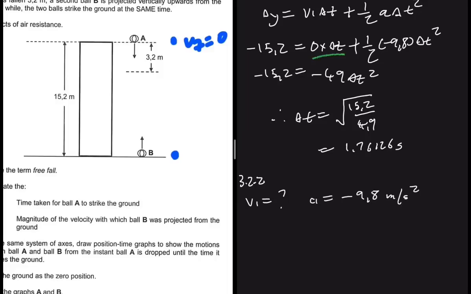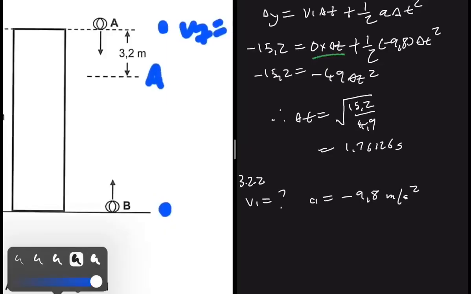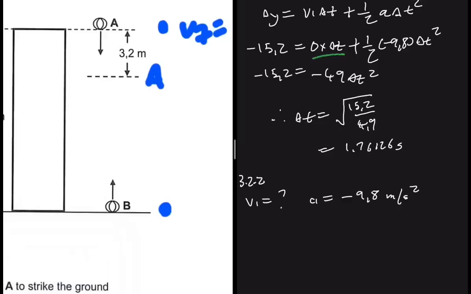And then another thing we can calculate is the time for the motion of ball B, right? Because we are told that ball A and ball B strike the ground at the same time. But ball A was at this point only when ball B was projected upwards.